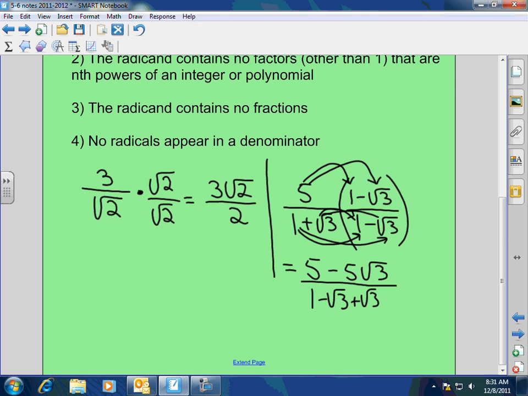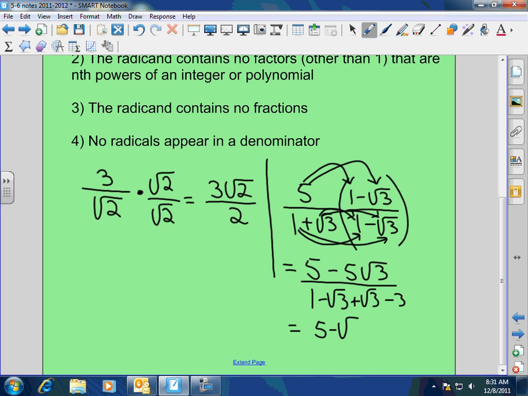And radical 3 times negative radical 3 is going to be a negative 3. So in the end, this will equal 5 minus radical 3 over negative 2. And that is how you rationalize a denominator if there's a binomial in the denominator.